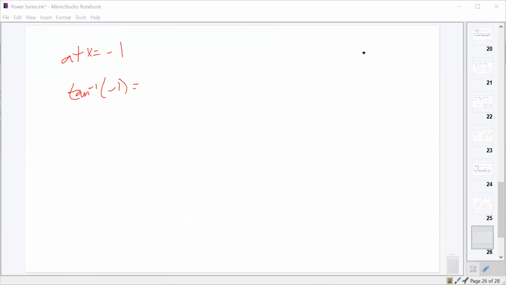No. Whenever you take an inverse tangent, you always get a value between negative pi over 2 and pi over 2. Negative pi over 4. Okay. So that means that if I take negative 1 and plug it into my series for x, the hope is I'll get negative pi over 4.